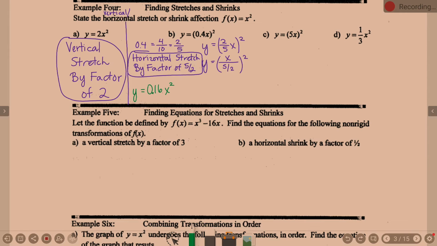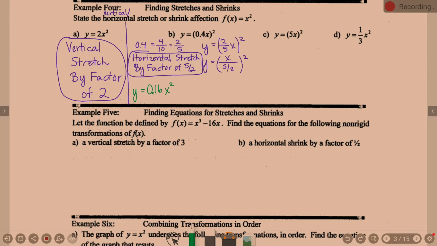Now, with this in mind, if we rewrite this original equation as y equals 16/100 x squared, what do you see this as now? Vertical stretch? Listen. A vertical shrink. Okay.